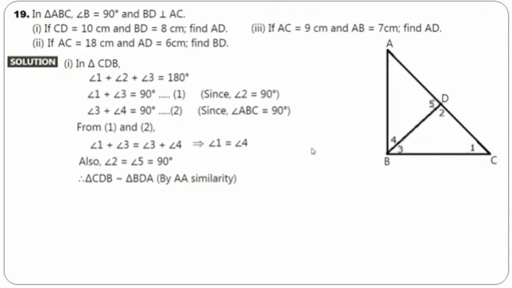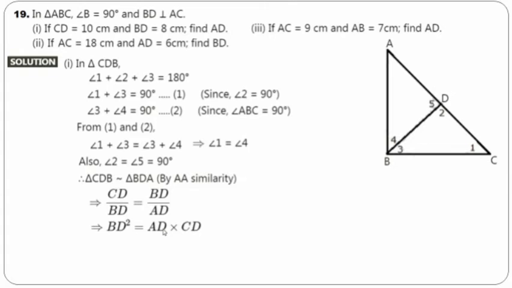So using AA similarity we say these triangles are similar. So the corresponding sides must be in proportion. So CD by BD must be equal to BD by AD. Now do the cross multiplication, you get BD into BD is BD square equals AD into CD.